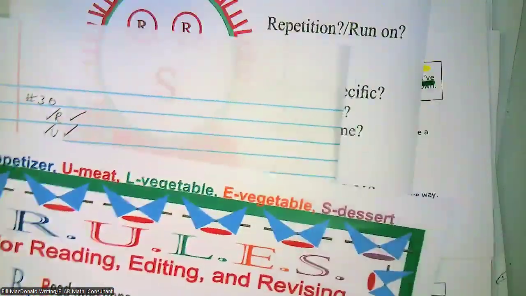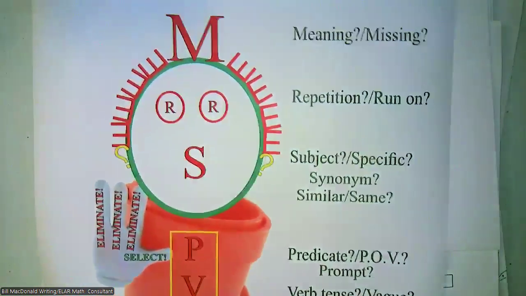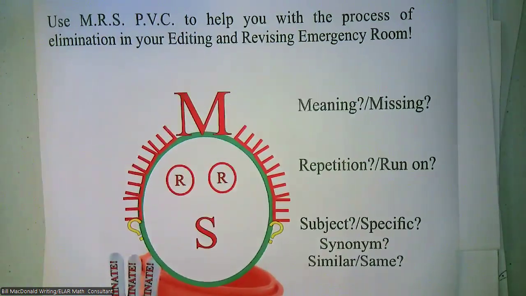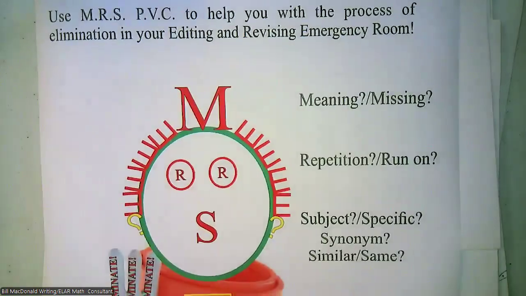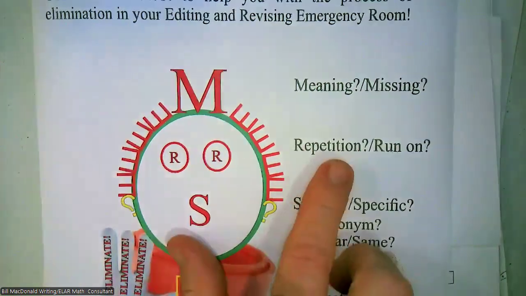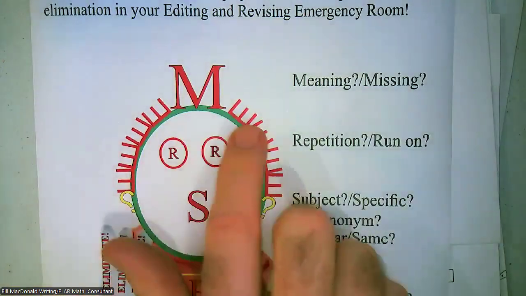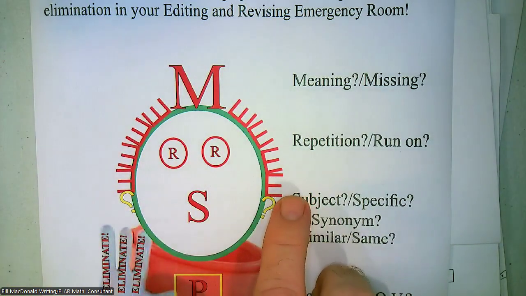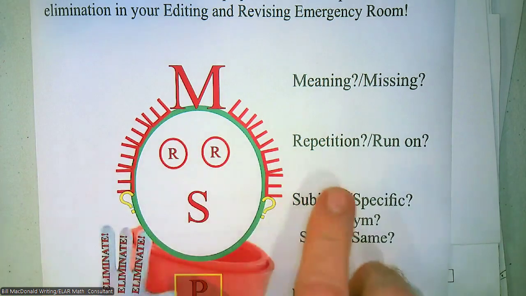Okay. The next thing, for those of you who have not seen her yet, Mrs. PVC for editing and revising is going to be anything. She's got all these E's for hair. Those are going to be eliminate.